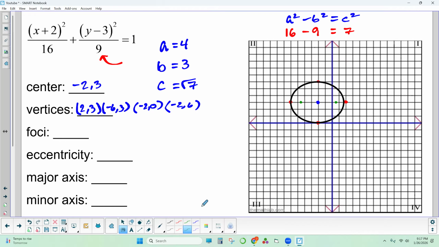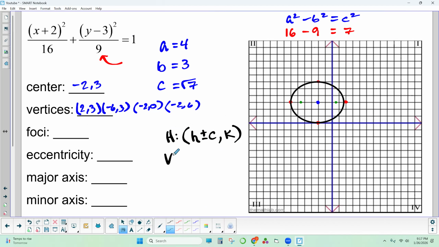Okay. Now, to give instruction on where your foci are, to label the points, the coordinates, we want to follow this. For a horizontal ellipse, okay, your foci are going to be located at (h plus or minus c, k).